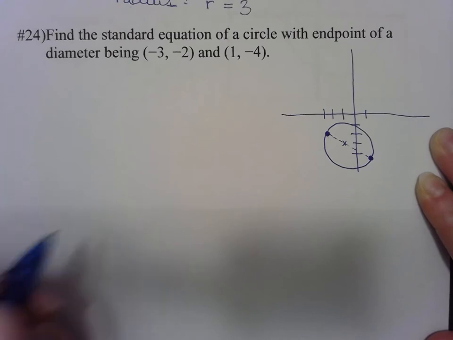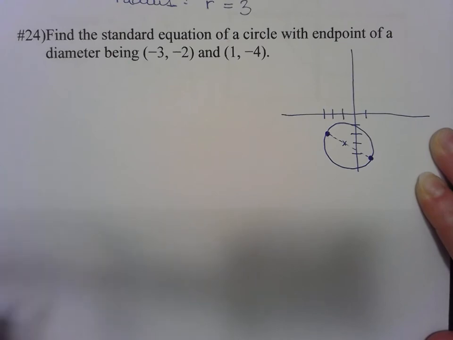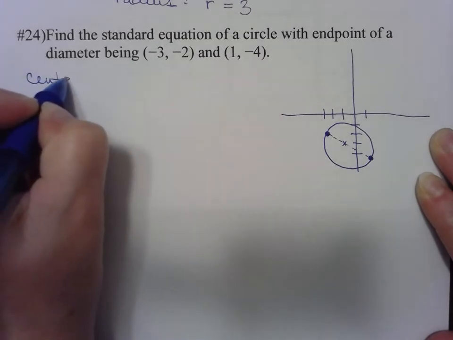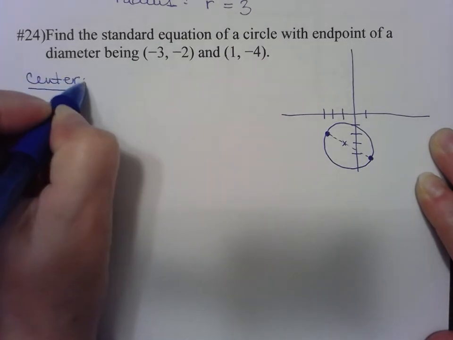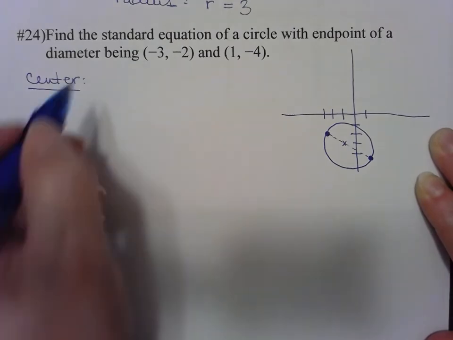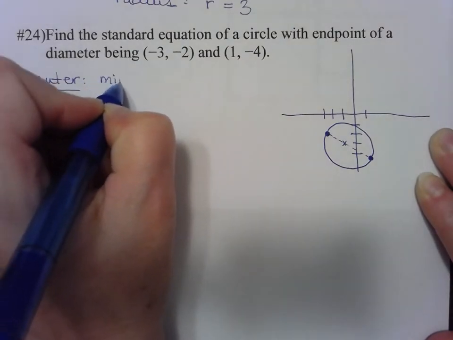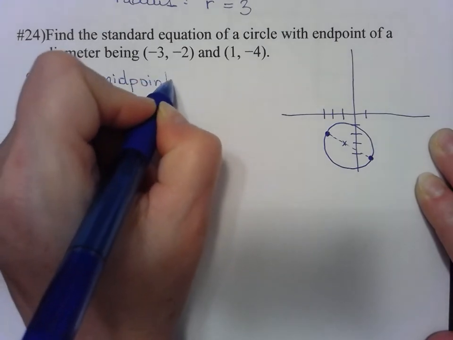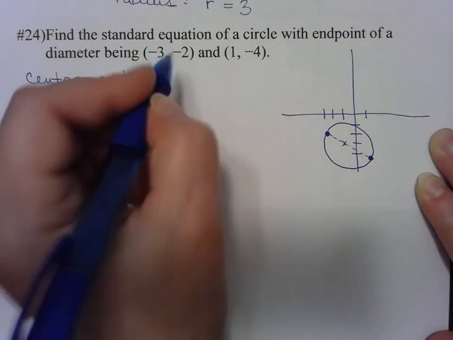Okay, so the first step, you could do this a couple different ways. I'm going to find the center first. To find the center, I'm going to use the midpoint formula because the midpoint of that diameter is going to be the center.